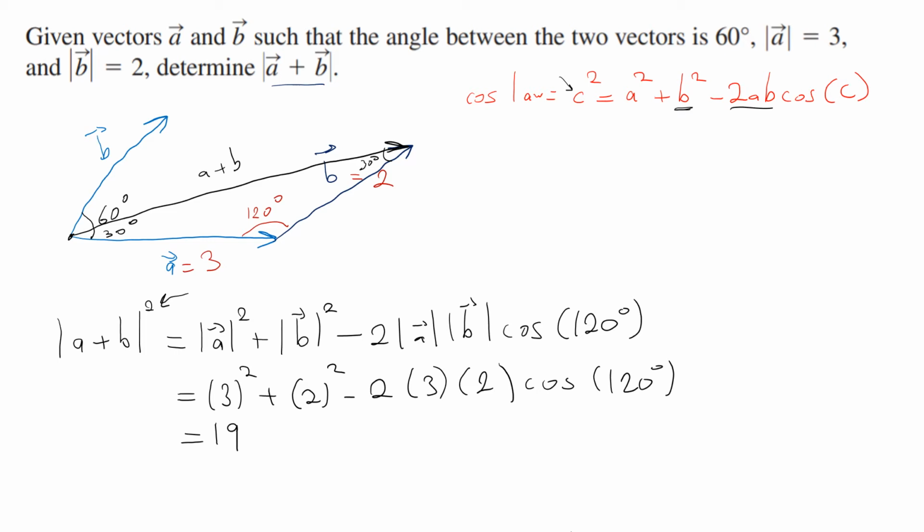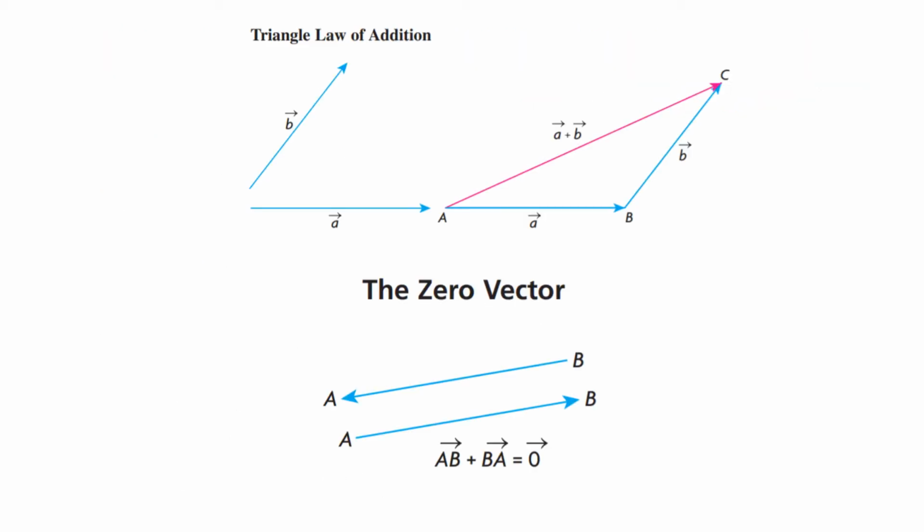Because I'm trying to find the magnitude of A plus B alone, all I need to do is root both sides. So as an answer for the magnitude, I get root 19. Or if you want an approximate value, I get 4.36.